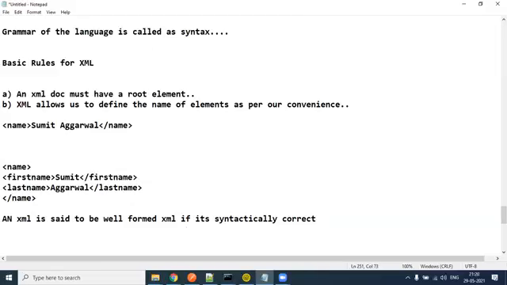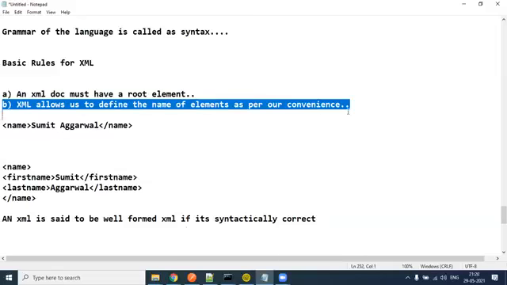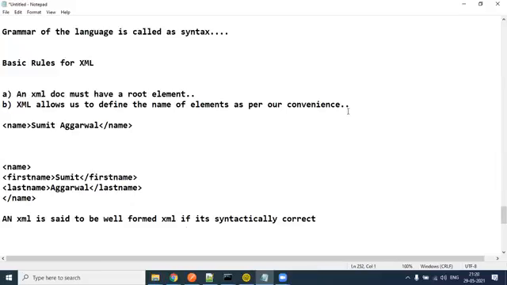You can choose the name of the elements. That flexibility which you get comes with a caveat, which I will explain, a disclaimer you need to keep in mind. But for the time being, what I'm trying to tell you is having a root element is mandatory. If you try to write like this, you might feel that everything is absolutely correct. It is not going to work.